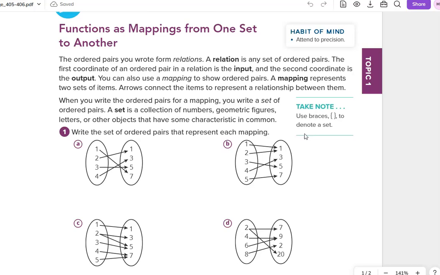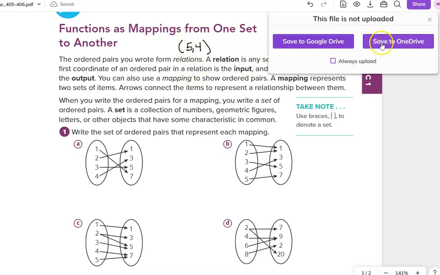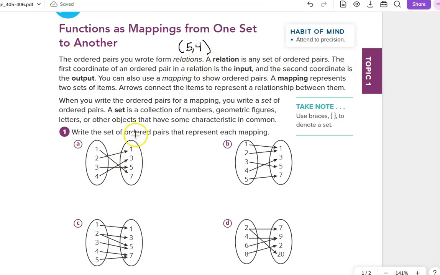So we're mapping our set of ordered pairs, our X and our Y. The ordered pairs you wrote form relations. A relation is any set of ordered pairs. If I have 5, 4, that's an ordered pair, and my relation is that whenever the X value is 5, my Y value will always be 4. That's the relationship.